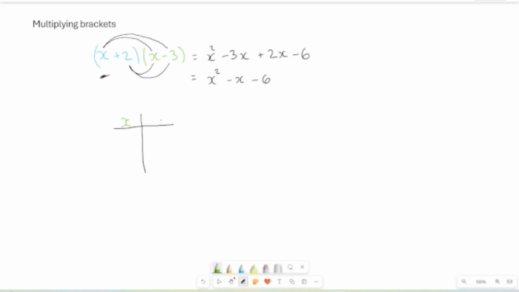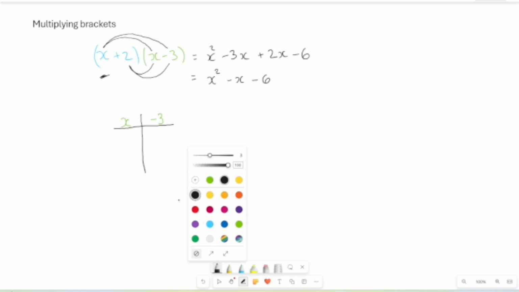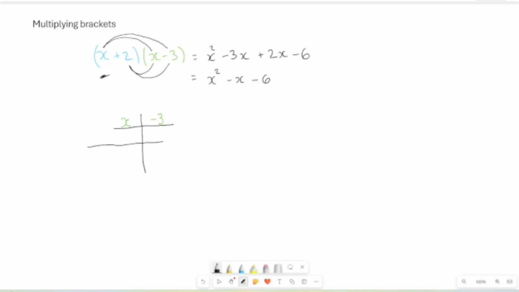First element, which is positive, it doesn't have a minus, but the 3 has an attached minus, so that's got to be in there as well. And then down the side, I'm going to write the other bracket. I need to make this a little bit longer to put the other bracket contents down the side.